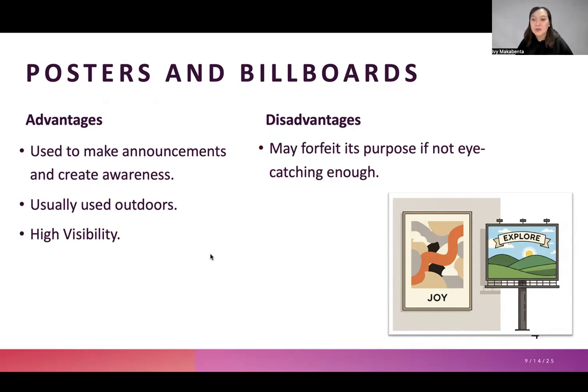They are also used outdoors. And lastly, one of the strongest benefits of posters and billboards is that they are high visibility. Just like what I've mentioned earlier, their ability to capture the attention of everyone because of their size. The only downside is that if they aren't designed to be eye-catching, they can be easily ignored.